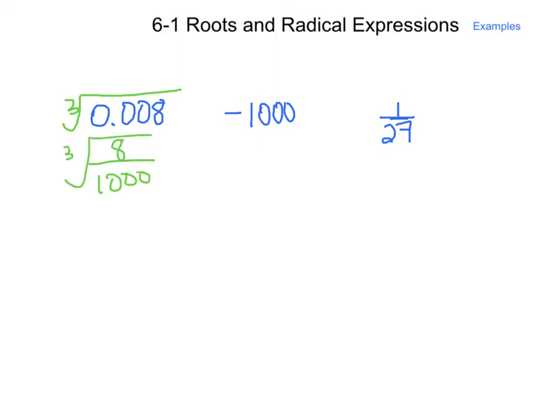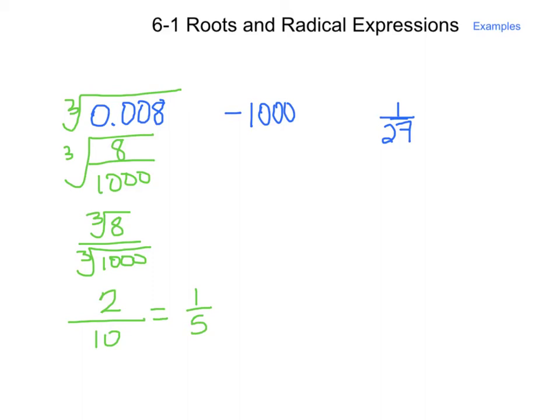Then, when we take the cubed root, we're only finding the cubed root of 8, and then the cubed root of 1,000. The cubed root of 8, we saw in an earlier example, is 2, and the cubed root of 1,000 is 10. We can simplify this again to give us 1 over 5. Your answer will be positive because the radicand is positive.